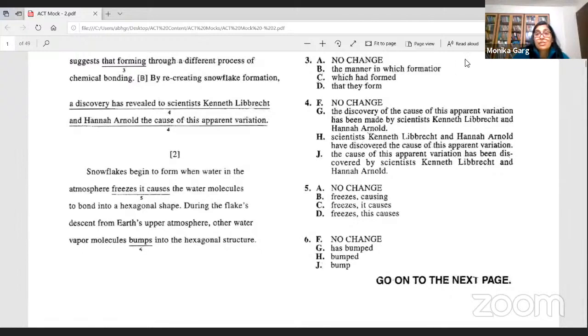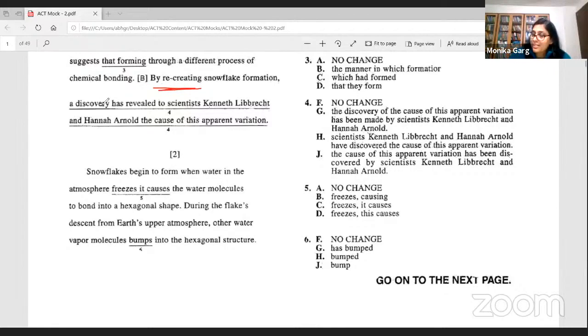Now, looking at this question number 4, this looks like a scary question, but is really easy. Let's read this out. By recreating snowflake formation. Who will recreate the formation?